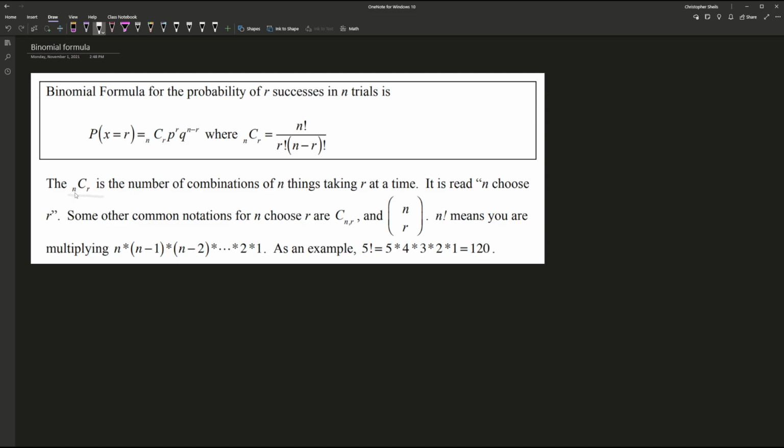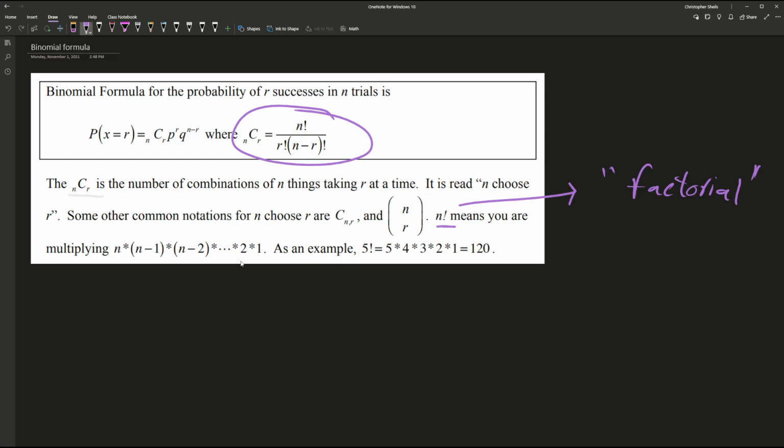So this is the number of combinations of N things taking R at a time. It's read N choose R. This is also a common notation for it. N with this exclamation point that you see here, where we define N choose R, is called a factorial.